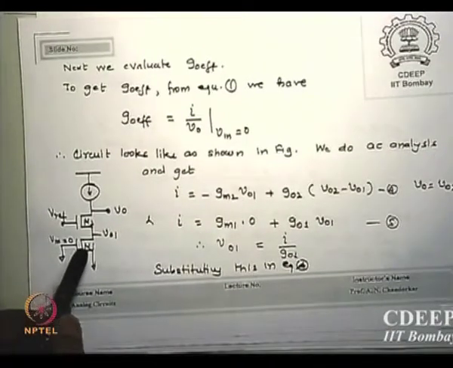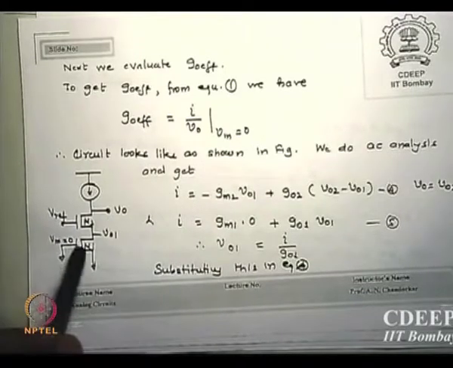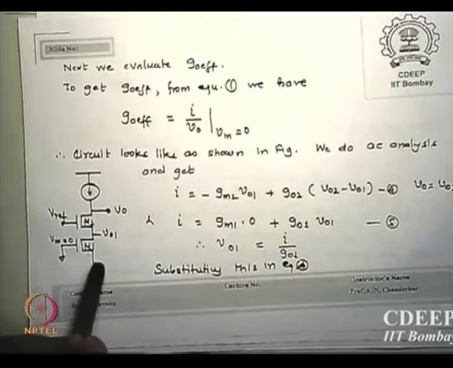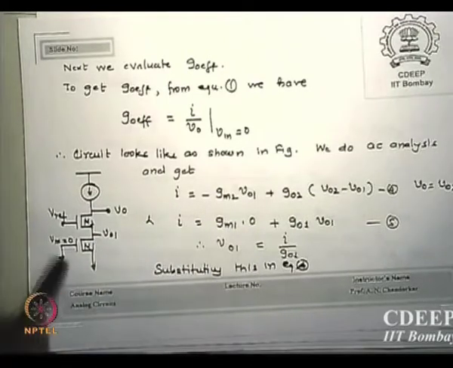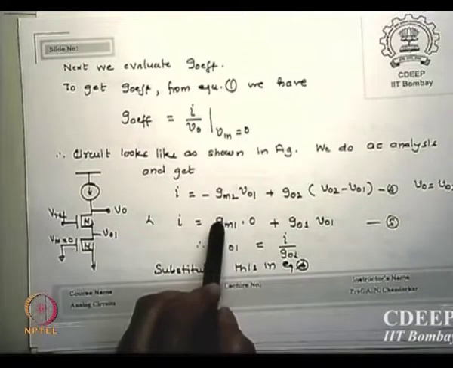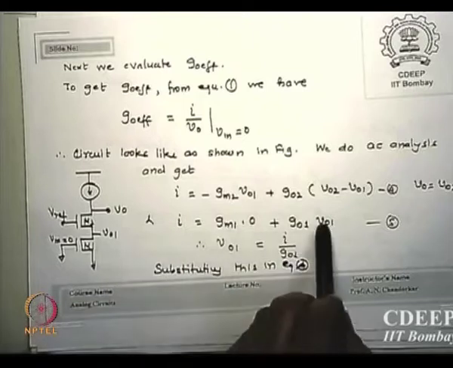Now I had written it for M2, so now I write for M1. Current I in this is gm1 times 0, why? Vin is grounded, so gm1 times 0 plus gO1 times VDS, which is VO1.